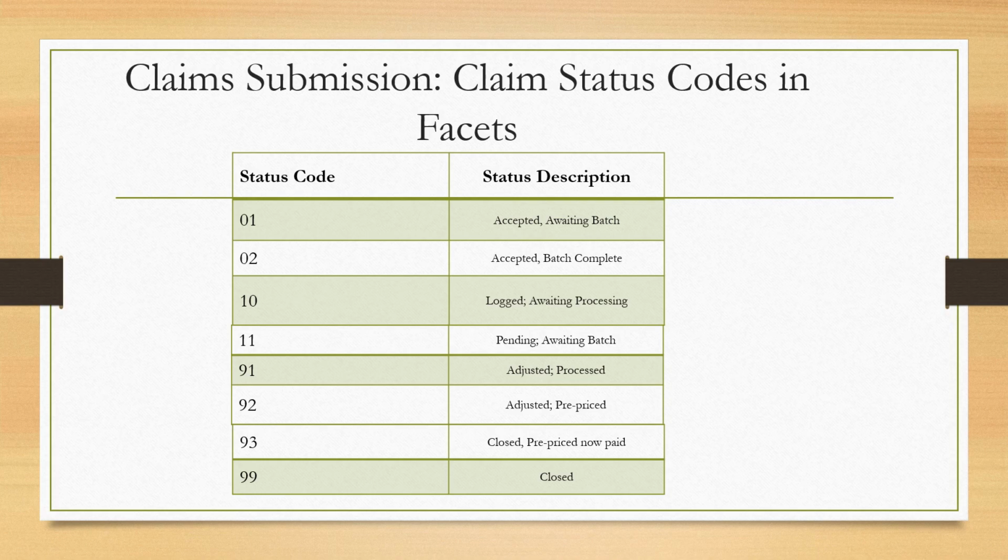So, in the Facets system, we already talked about the adjudication, automatic adjudication happens, and then there is a status code for each status description.